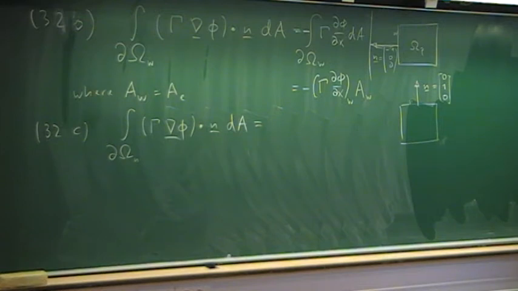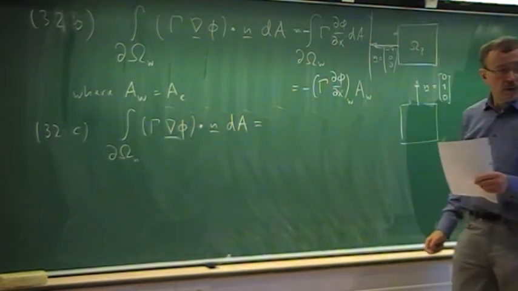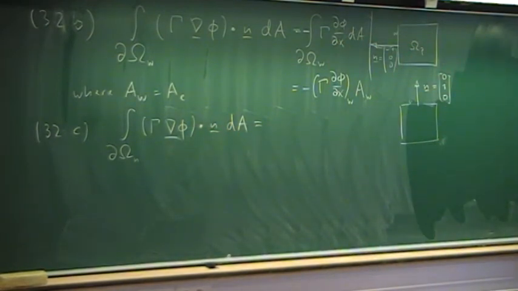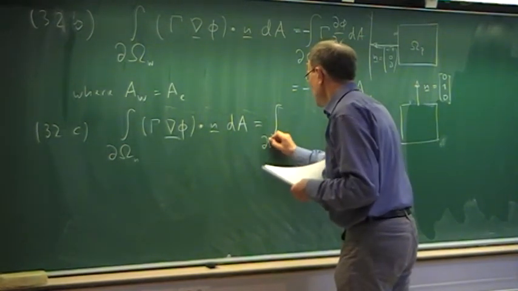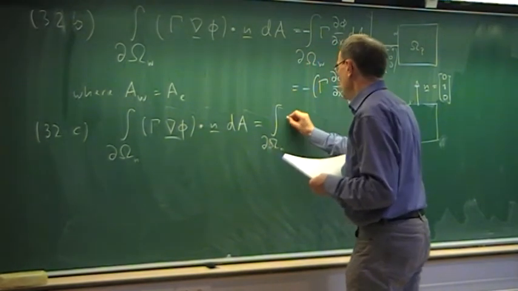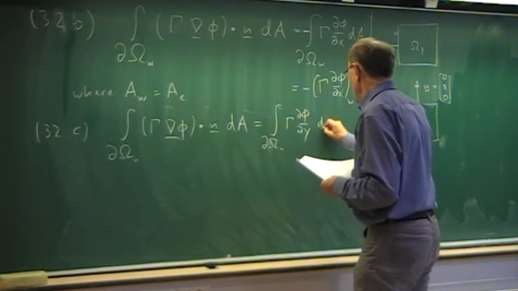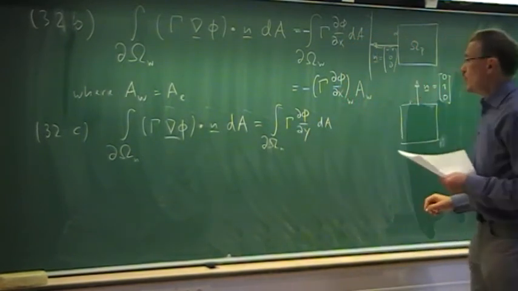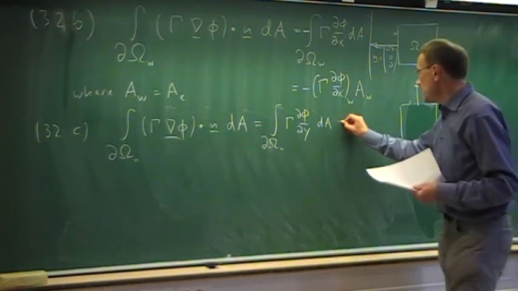So that means when we take the inner product with a gradient, only the d phi dy survives. So this is the integral over the boundary, the northern face, of gamma d phi dy, surface integral. And then we do the same thing. We want to represent that as an average over the face.